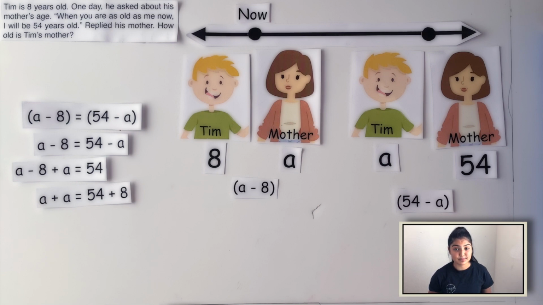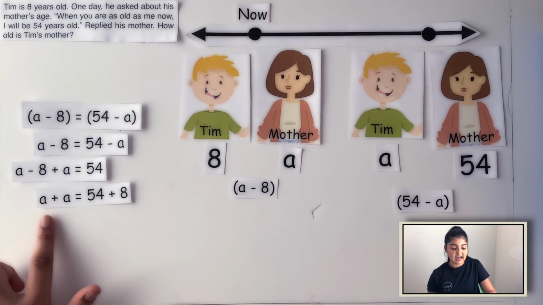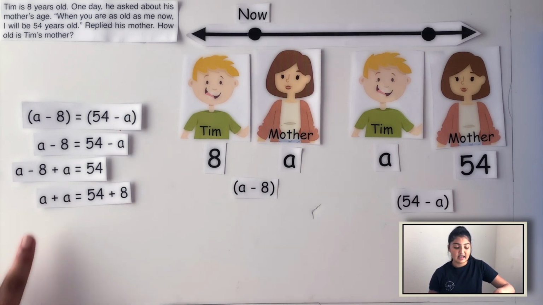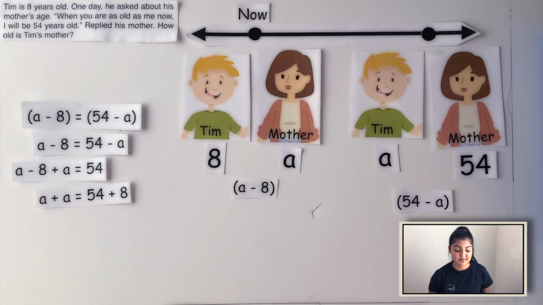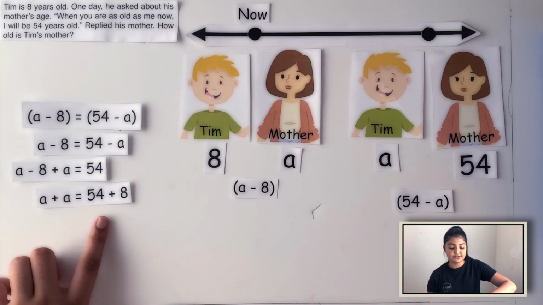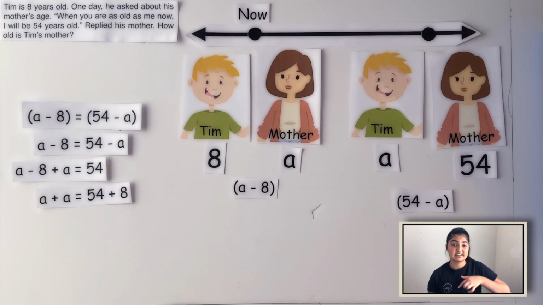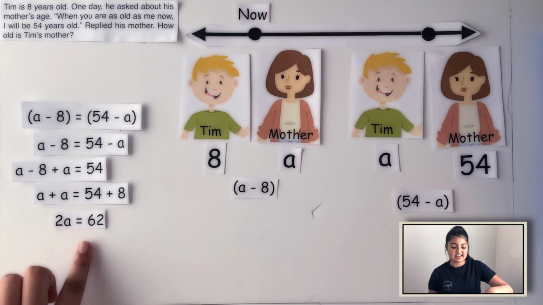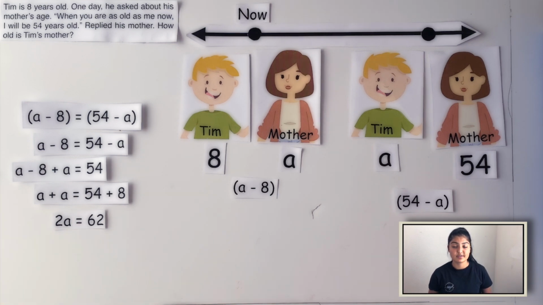Now, let's simplify both sides of the equation. A plus A is 2A, and 54 plus 8 is 62. So, 2A is equal to 62.